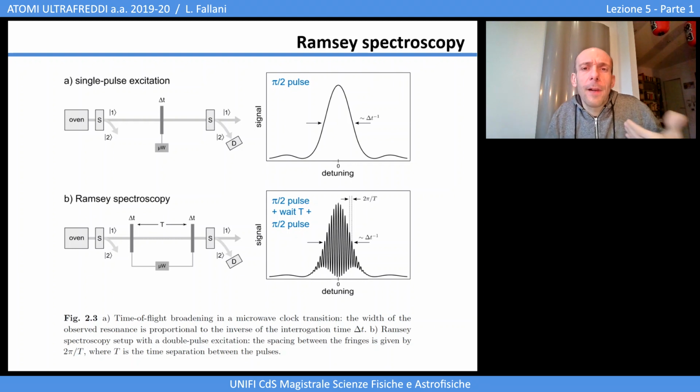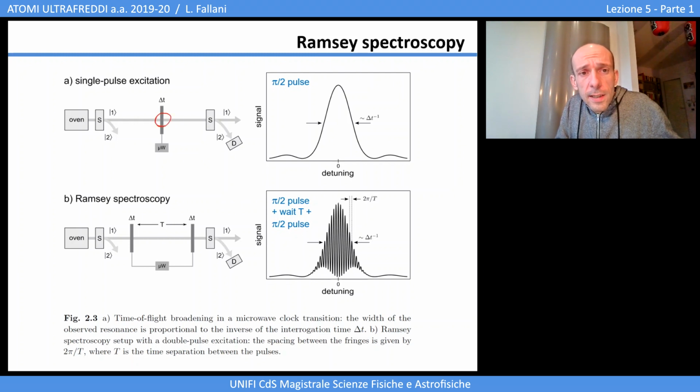Here you have a flux of atoms coming out of an oven, and these atoms are then selected to be in just one particular state. Here, instead of using the g-e notation, I've used 1 and 2 notation, but the physics is the same, of course. Let's suppose that 1 is the ground state. So you have atoms in the ground state that travel and pass through this region.